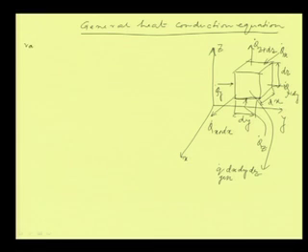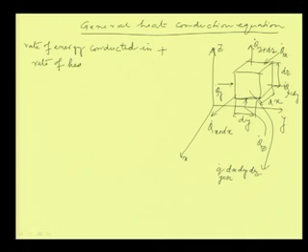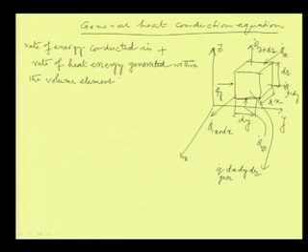Now, based on the first principles, we will do the analysis. According to the first principles or the energy balance, we will say that the rate of energy conducted in plus the rate of heat energy generated within the volume element should be equal to the rate of energy conducted out.